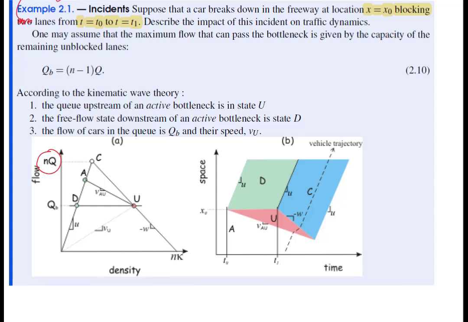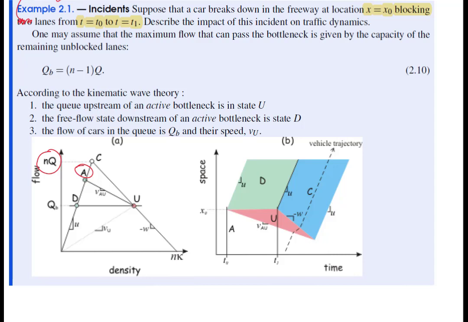All right, so what we need to do now is see at each time if we have a type 1 or type 2 problem. It's not said here, but the initial condition is state A. That's the state of the freeway before the incident and during the incident.